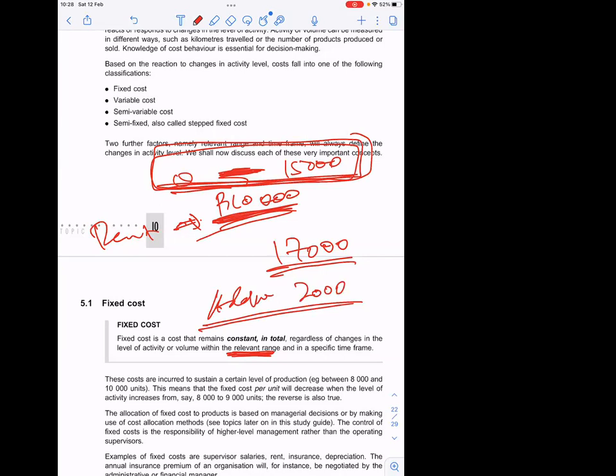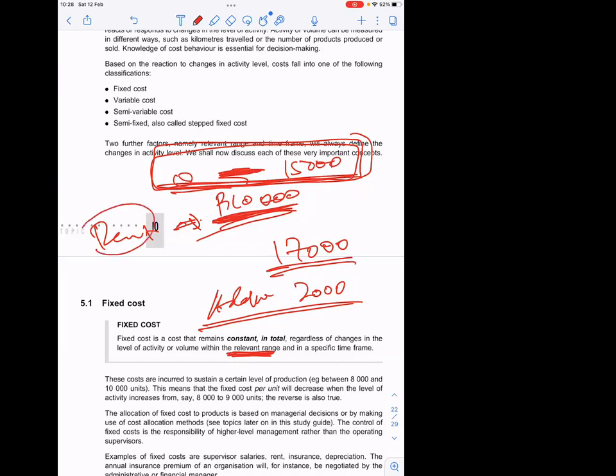Right, so I'm trying to kill that mentality of saying if it's fixed cost, it's fixed, it's fixed, it's fixed. Yes, it's fixed, but sometimes that cost in question can be pushed beyond limits and then it increases a bit. So as long as you're operating within your relevant range, good people, the fixed cost will remain fixed. But if you go and produce beyond the relevant range, problems arise.